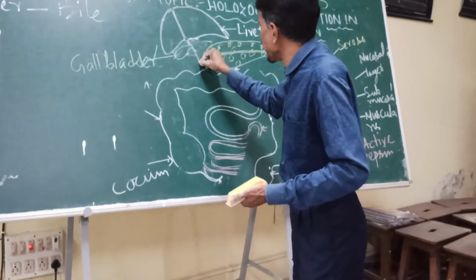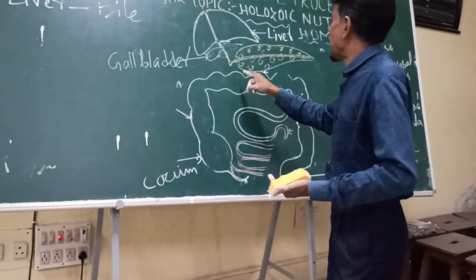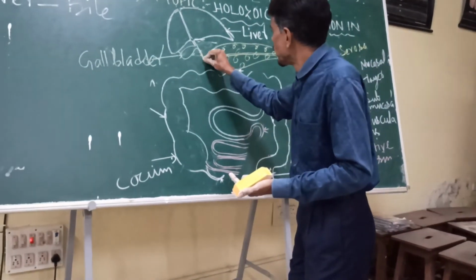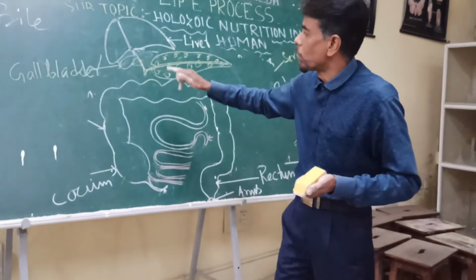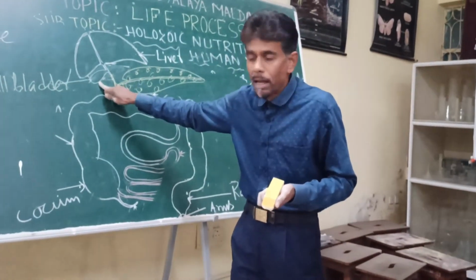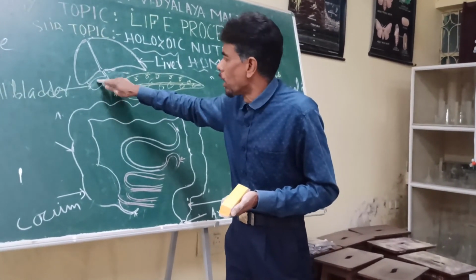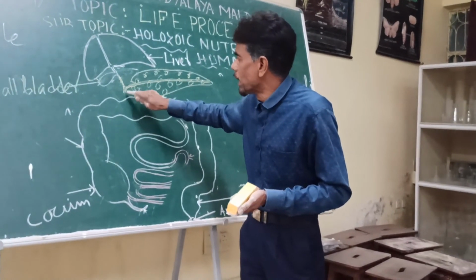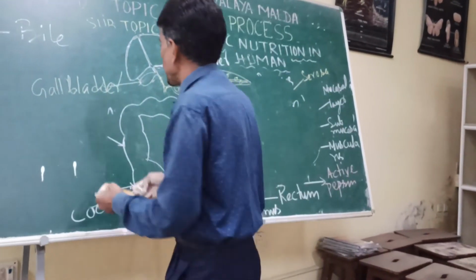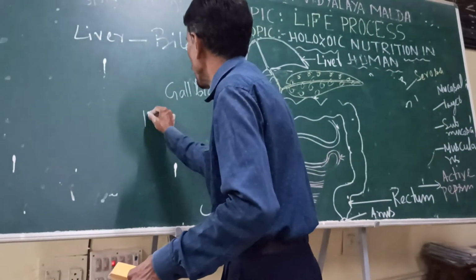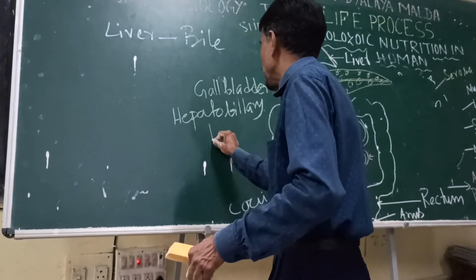These two ducts commonly join, and this common duct is called the hepatobiliary duct.